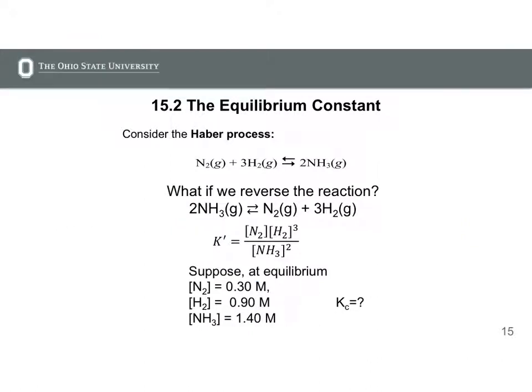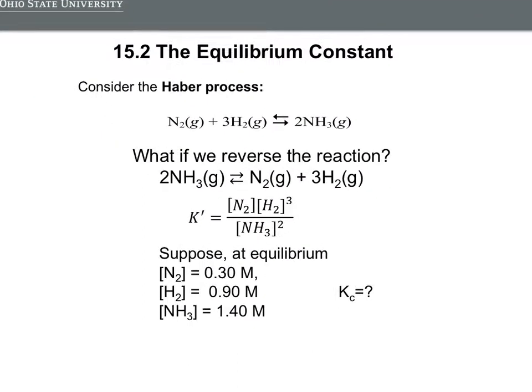Okay. So let's keep up with our algebra here, and let's do something where we simply reverse the reaction. We had our nitrogen and our hydrogen reacting to form ammonia, but now we're going to start with ammonia, and we're going to produce our nitrogen and our hydrogen. We still end up with an equilibrium, but now we flip the definition.